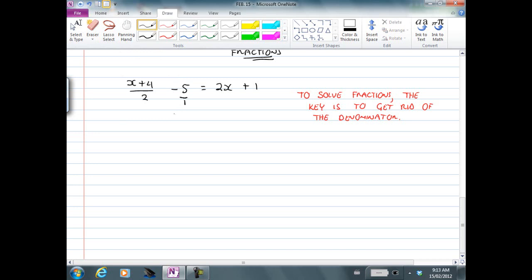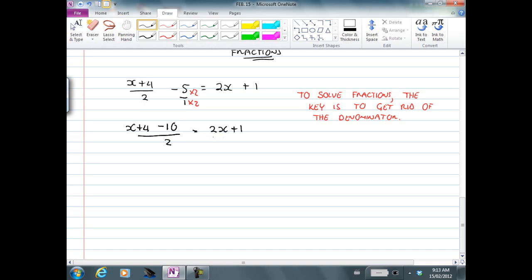So with the left side, would you agree? I can rewrite this as x plus 4 minus 10 over 2, because what I did was I multiplied this by 2, multiplied this by 2 to make it common denominator. My right side, I didn't do anything to it yet. 2x plus 1.